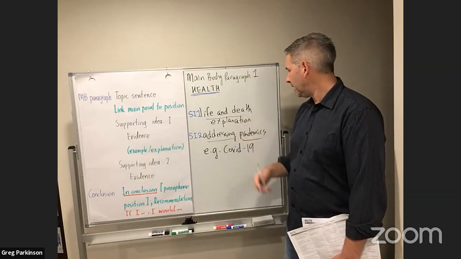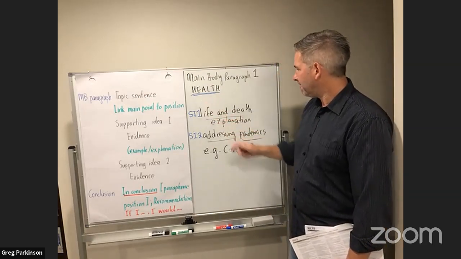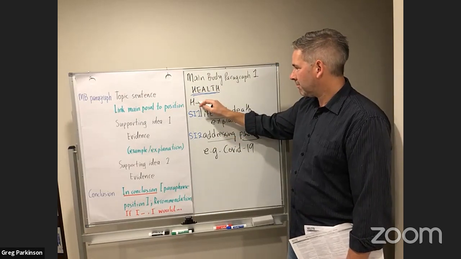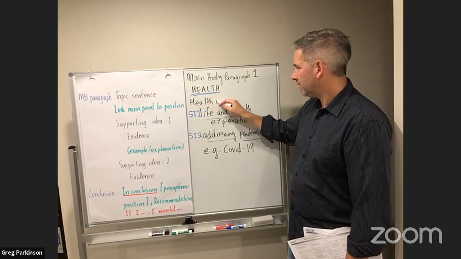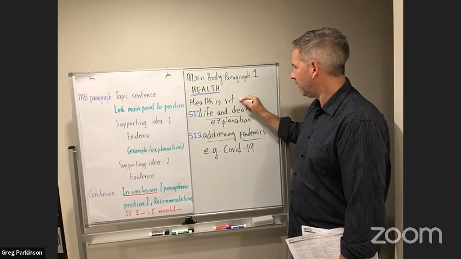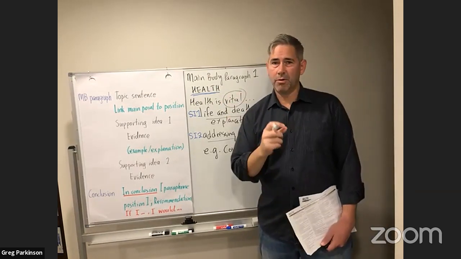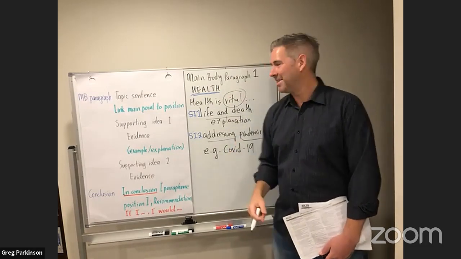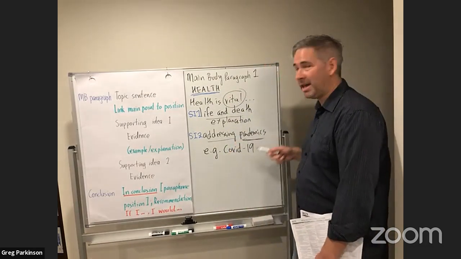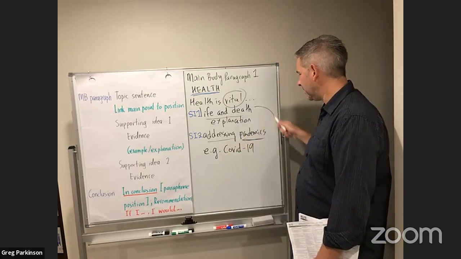So life and death. So health is vital, right? So that's a nice word which talks about life and death, right? So because really pandemics is also related to this as well, right?